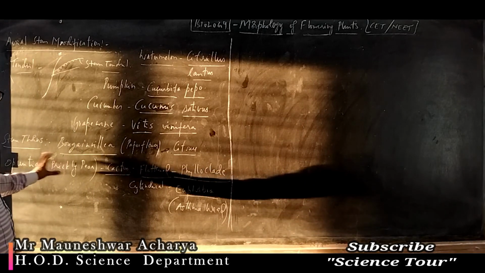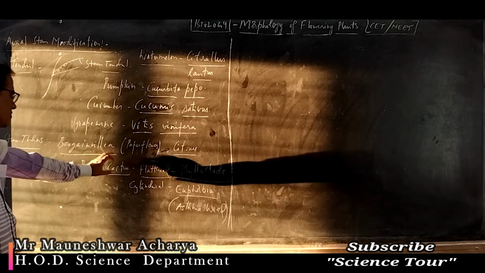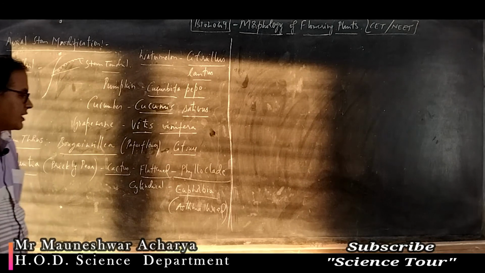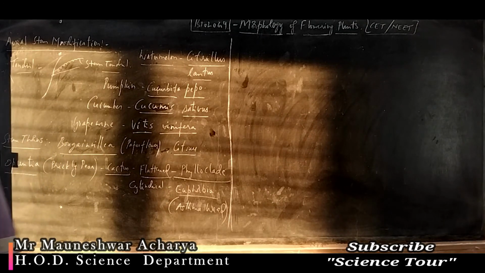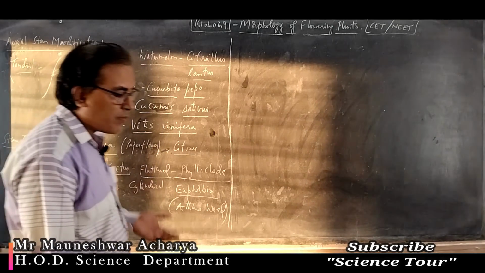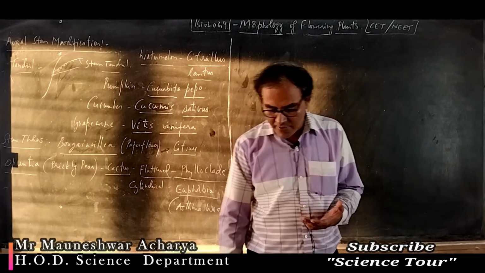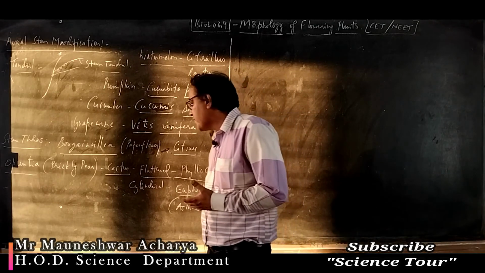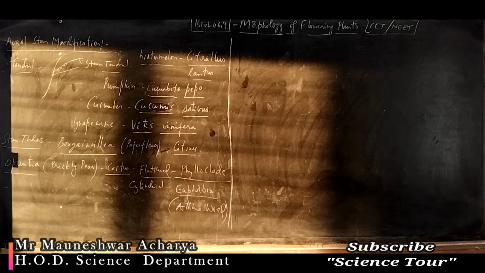So cacti, this group of plants, Opuntia and Euphorbia, belong to a group of plants called cactus. That particular aerial modification of the stem is called phylloclade. These plants have to reserve a lot of water, since they are growing in arid regions, dry conditions where water availability is very less.